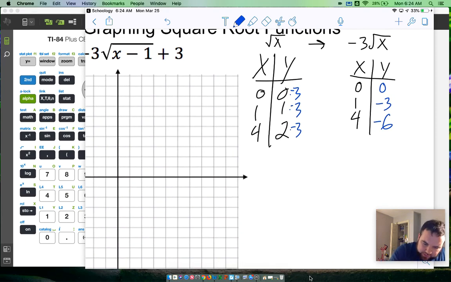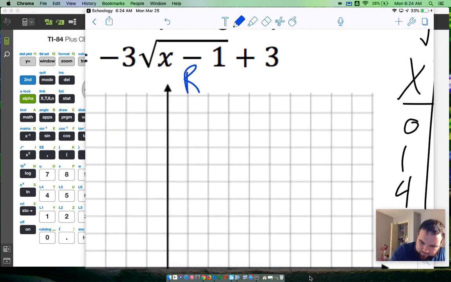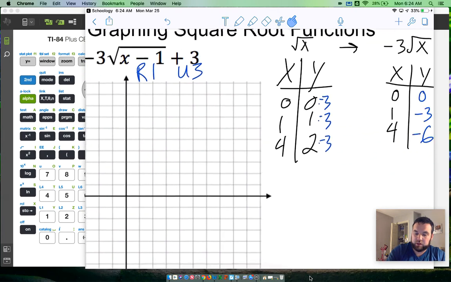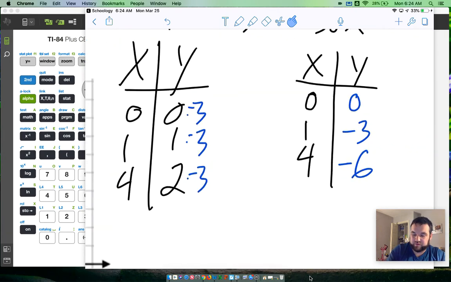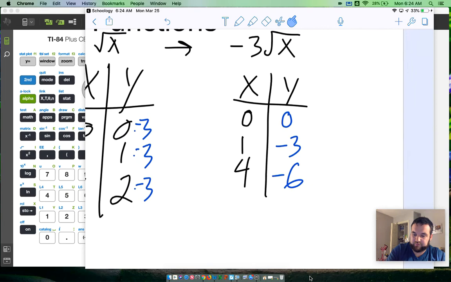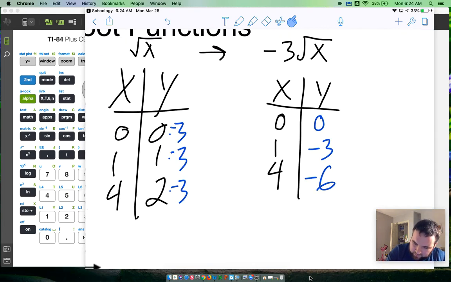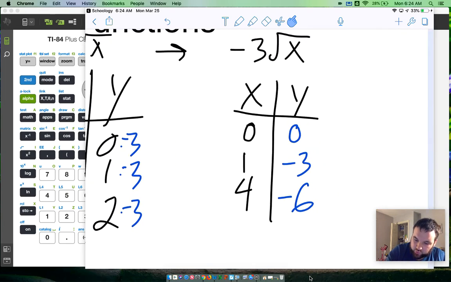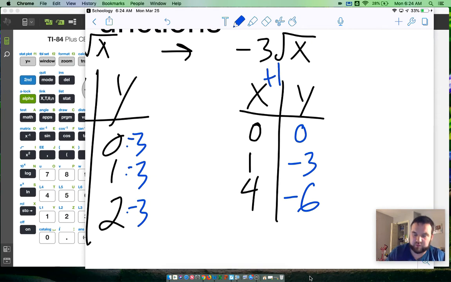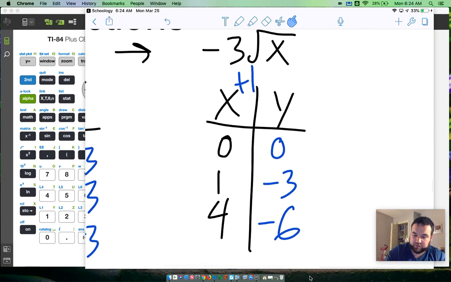We know that -1 underneath the radical is going to move to the right 1 unit, and the +3 outside is going to move up 3. So to move this to the right 1, that means all my x values are going to be increased by 1. So x is going to be added by 1 because I'm moving to the right. And then if I want to move up 3, I'm going to take the y coordinates and add 3 to those.